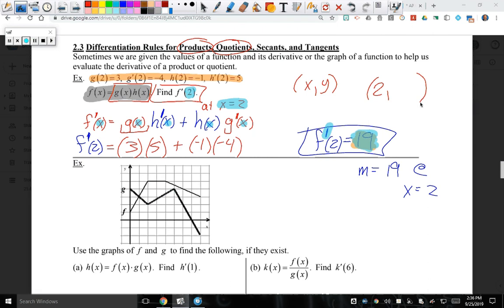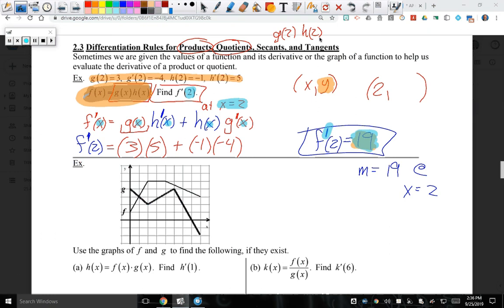It would be 2, but where would I get this y value from? Yeah. You plug in 2 into f of x. You plugged it into the original one. You see what I'm saying? So if you plug 2 into the original one, what's g of 2 times h of 2?